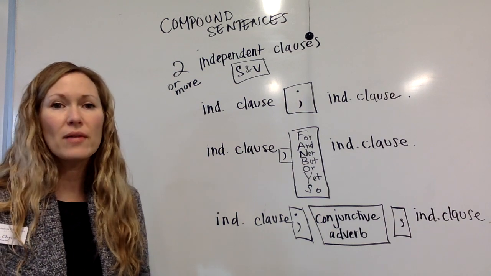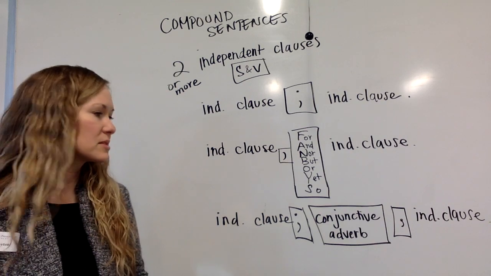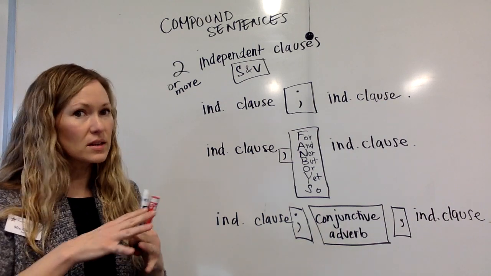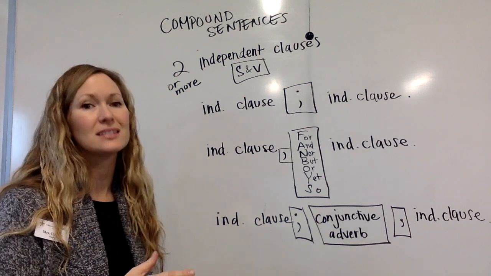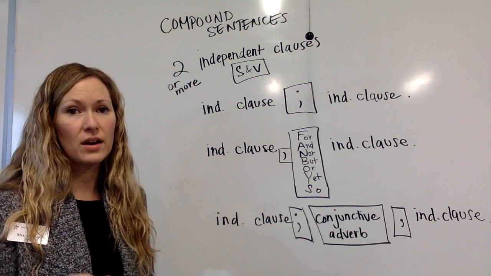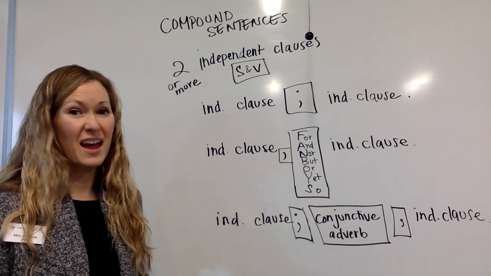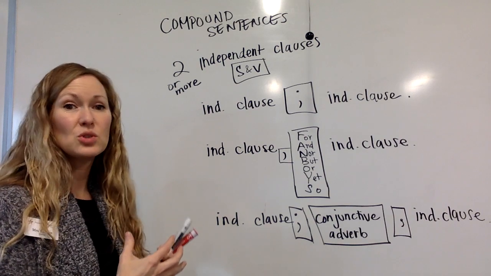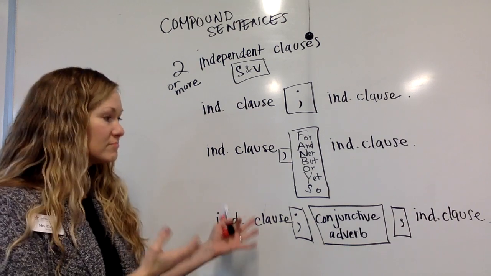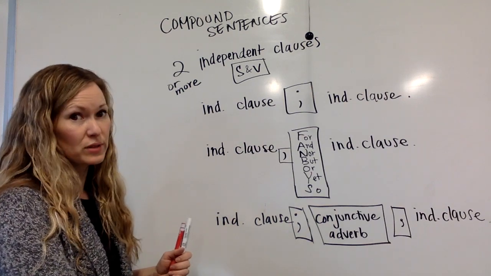Those are words like however, meanwhile, consequently, those kinds of things. They are adverbs, not conjunctions. They are just acting like conjunctions. So we do not put them on a dotted line when we diagram. We will treat them just like adverbs, but they are connecting two independent clauses. So they're acting like conjunctions, but we are treating them like adverbs, which they truly are.